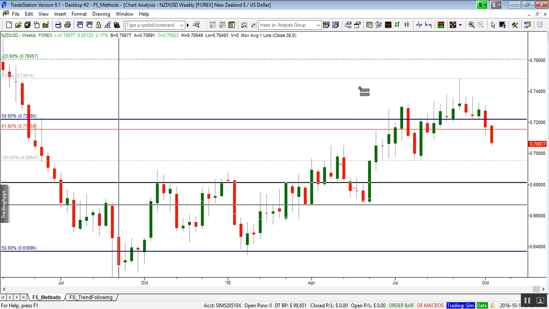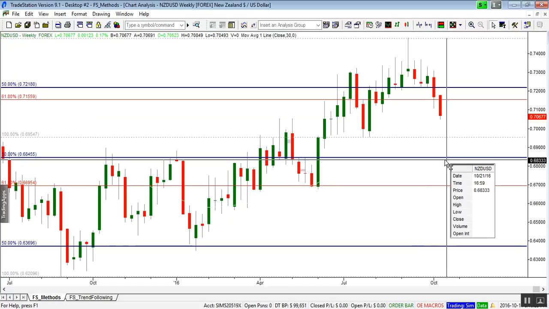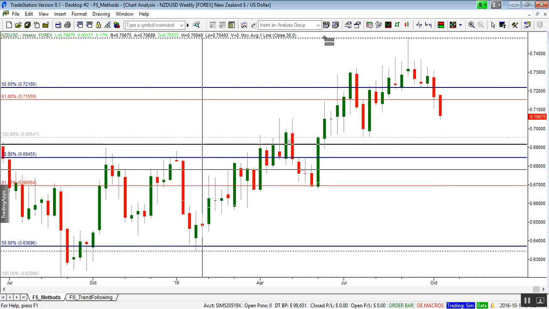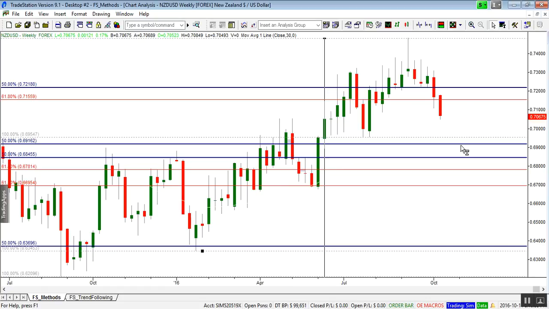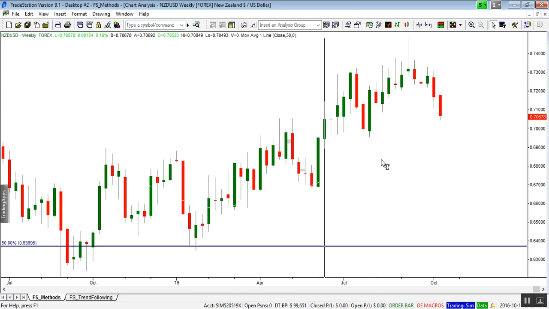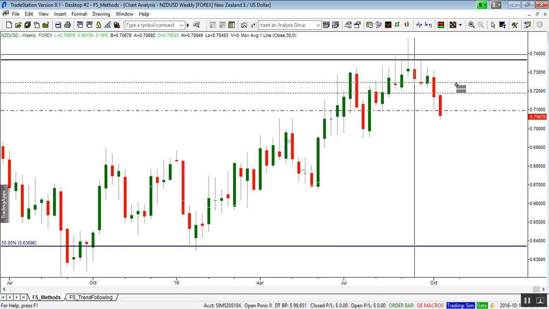The most obvious one is the 50% retrace here, the trend continuation area in 68.45, and this market will also initially bounce at a higher level here, which is also our target for short. This market is being pushed lower and has not offered the typical 50% retrace after the trend has been broken here.